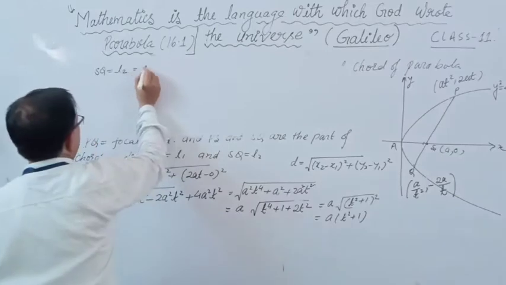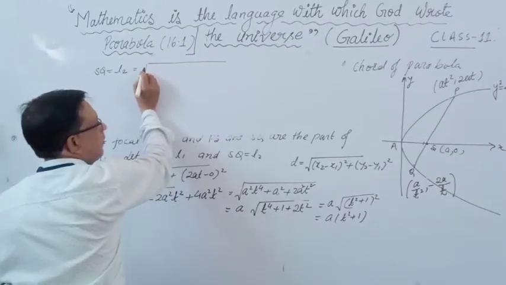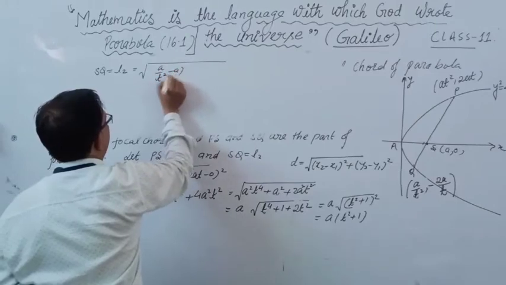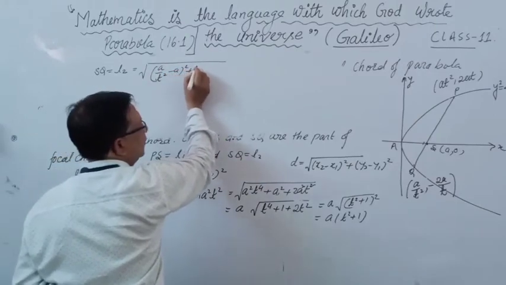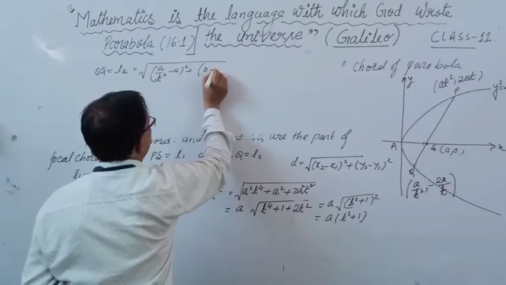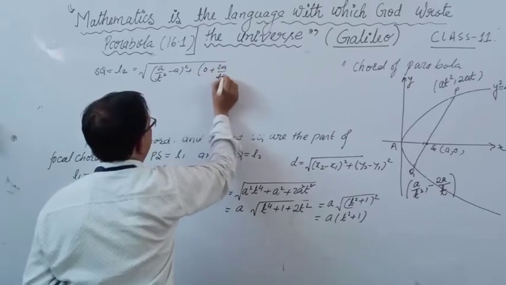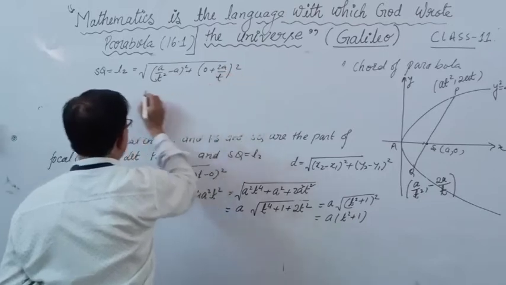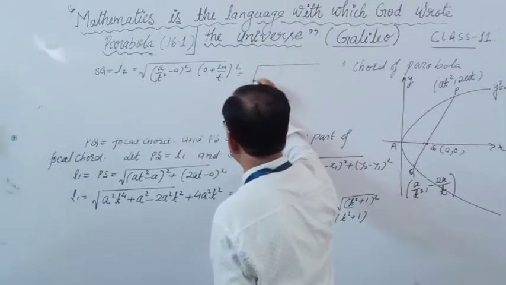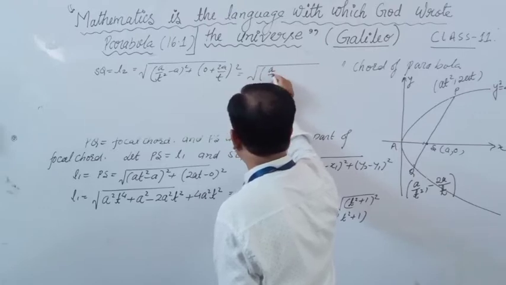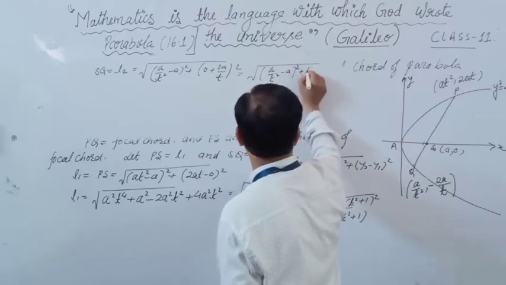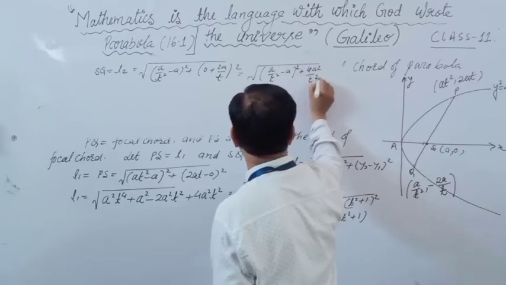We apply the distance formula. This is a upon t square minus a whole square plus 0 plus 2a upon t whole square. So the expression is a upon t square minus a whole square plus 4a square upon t square.